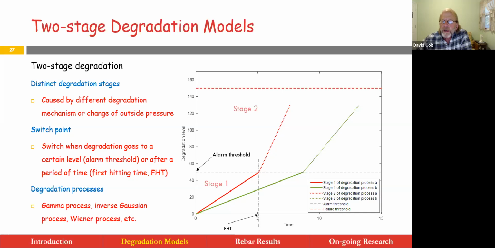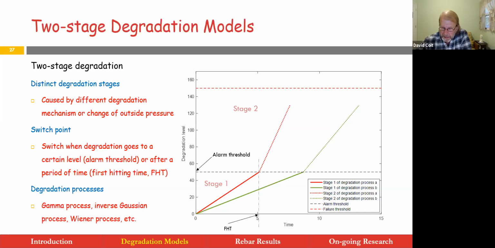There's a certain type of model with an alarm threshold. That's what we're going to assume for the rebar corrosion, which means when the degradation or corrosion reaches a certain point, it then starts to increase. But then there's other examples where there's a first hitting time, meaning there's a time period, fixed or random, where the shift takes place.